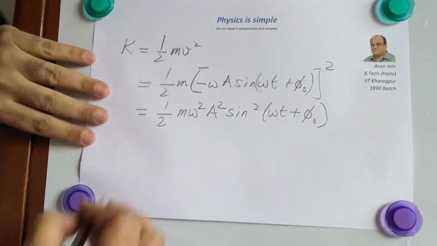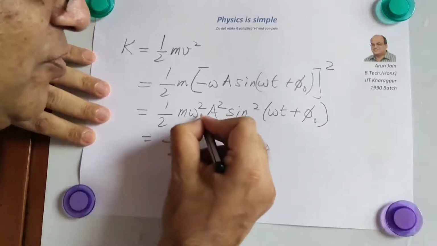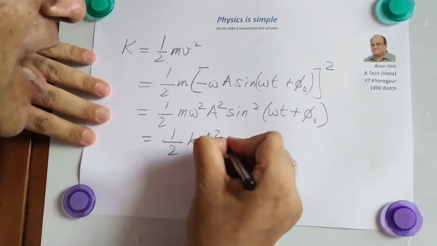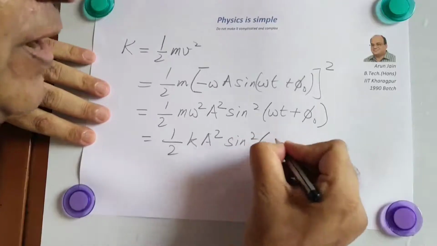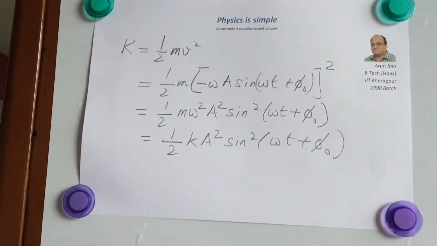And this we can also write as half k a square sine square(omega t plus phi naught), because m omega square is k. This is the equation for kinetic energy in SHM.